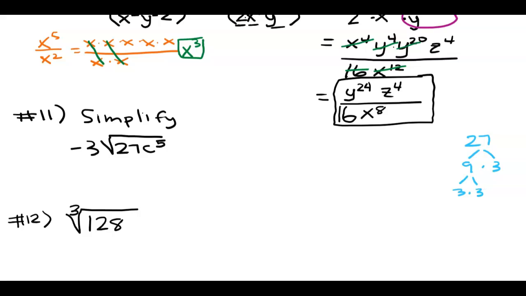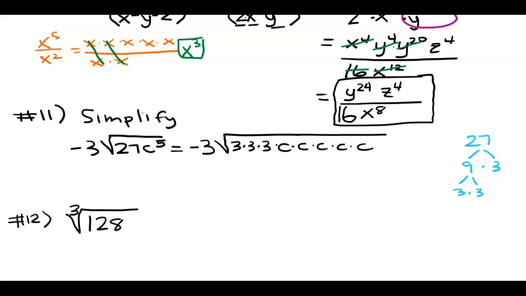So 3 times 3 times 3 is 27. If I rewrite this, the negative 3 is on the outside, and then I have the square root of 3 times 3 times 3, that's my 27 part, and then there's 5 c's: c times c times c times c times c.